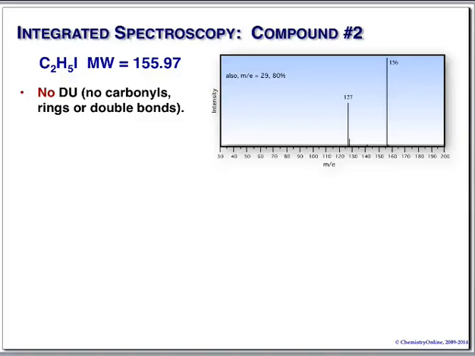How much is that? 29. Yeah, minus 29. What weighs 29? Well, 2 carbons and 5 hydrogens, an ethyl group. Methyl is 15, ethyl is 29. So we could say loss of an ethyl, and we have a nice clean molecular ion at 156.